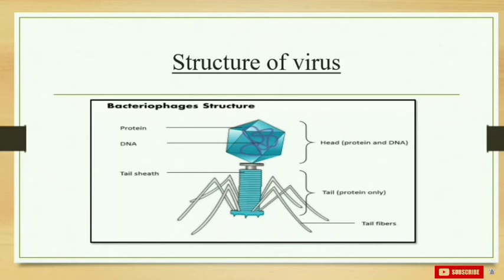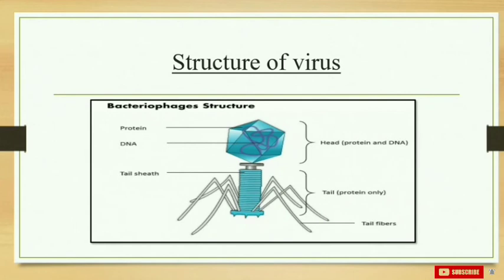The capsid is made of capsomers arranged in helical or polyhedral geometric forms. They have either DNA or RNA as genetic material, which may be single or double stranded. Usually plant viruses have single stranded RNA, but bacteriophages have double stranded DNA, and animal viruses have single or double stranded RNA or double stranded DNA.